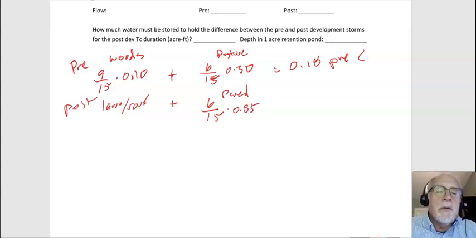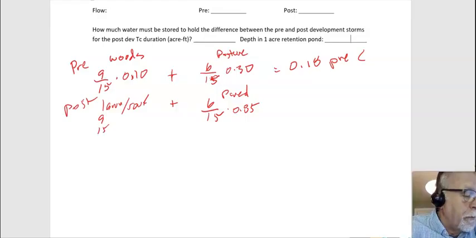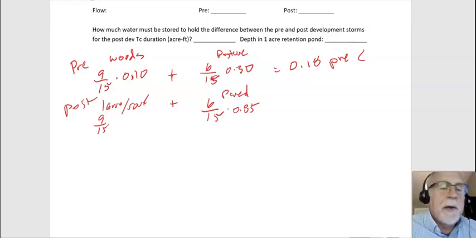For the lawn and roof, we need to do another kind of weighted average, where the roof is impermeable, then we have the lawn. I'm going to take 9/15 and go with a 0.2 for lawns and heavy soil.